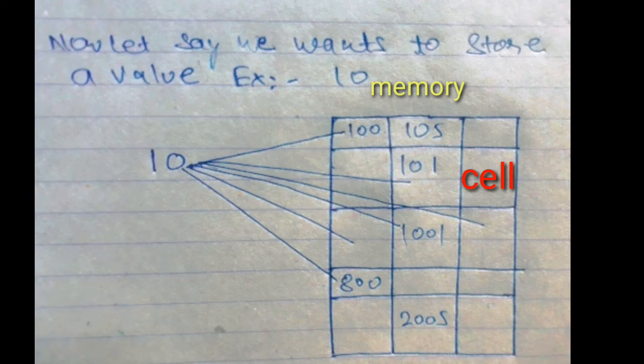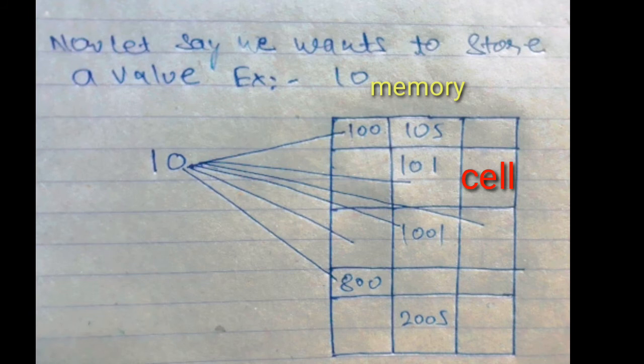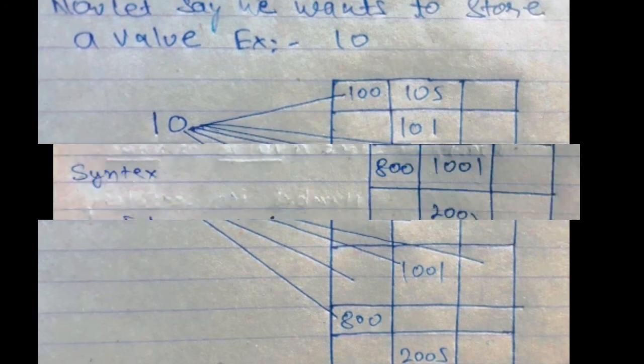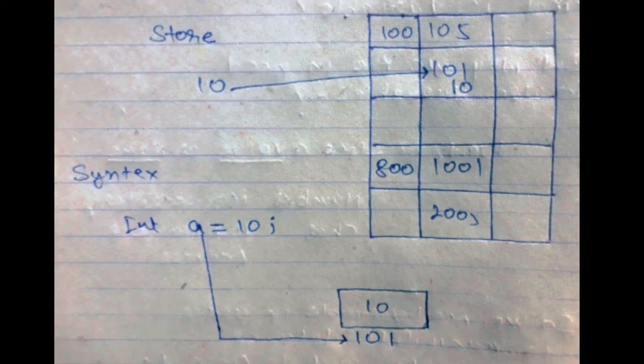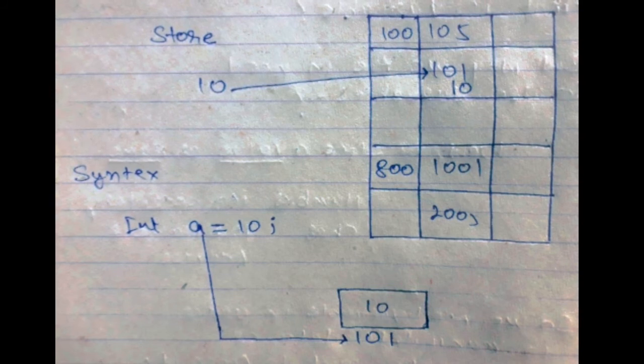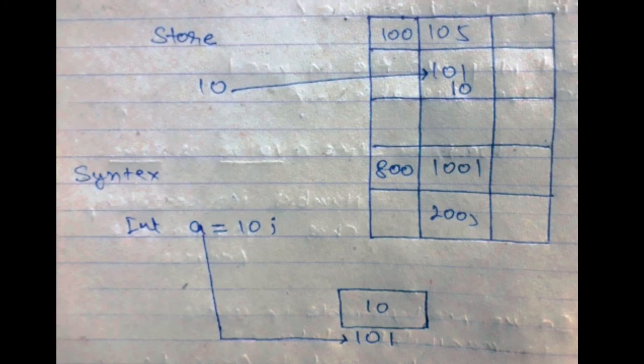To solve this problem, there is a concept called variable. Through a variable we are able to access the data which is stored at any memory location. Now let's assume that your data, which is 10, has been stored at memory location 101.